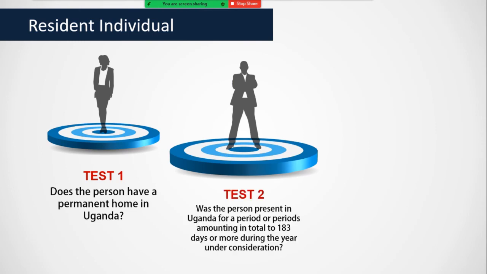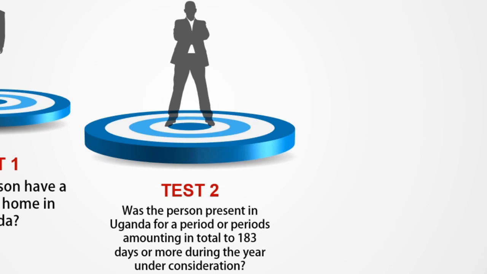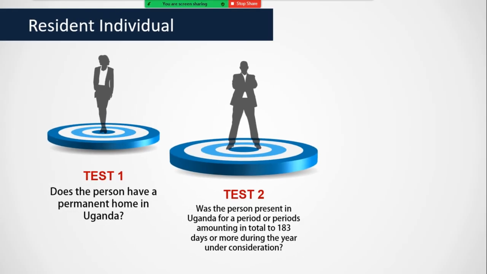We try out test number two. In test number two, we assess the person's presence in Uganda in the given year of income. If we find that the client has been present in Uganda for a period or periods amounting in total to 183 days or more during the year under consideration, that client is a resident individual.